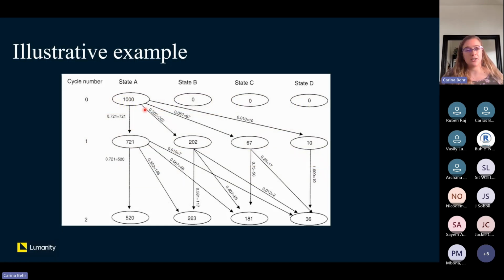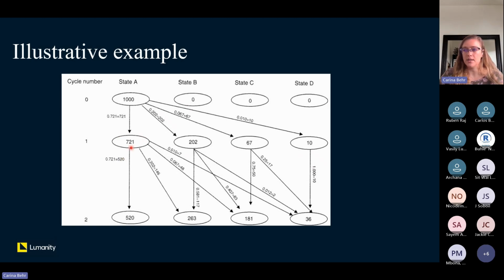Just to illustrate what we're doing, all patients can, for example, start in state A, and then you have a probability of moving or staying in state A, moving to state B, state C, state D, and this happens in cycle number 1, and then you move to the next cycle, and so forth.